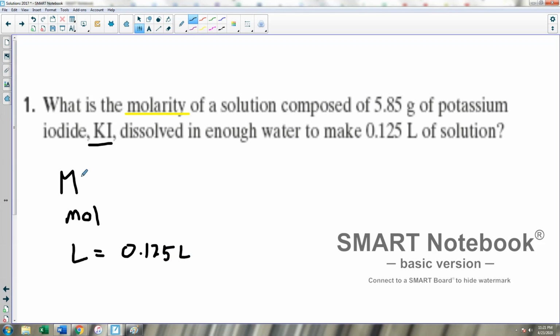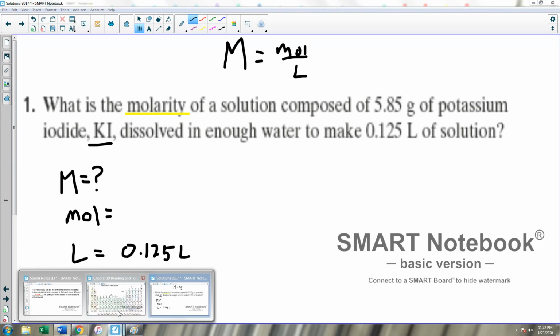Okay, and the molarity is the unknown here. It says, what is the molarity? So that's what we want to know. But before I can just plug things into my formula, the M equals moles over liters, I need to figure out how many moles of potassium iodide I have.